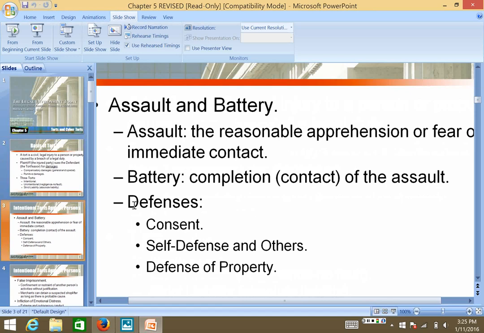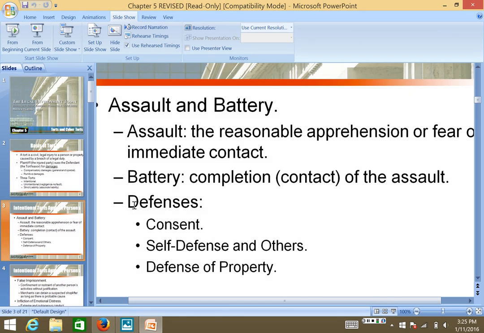We're going to talk about some intentional type of torts first, and the first one we're going to discuss is known as assault. And notice that even though this PowerPoint slide refers to assault and battery, in truth, those are two separate torts.